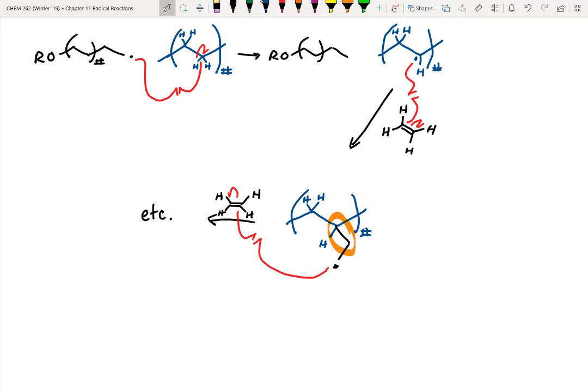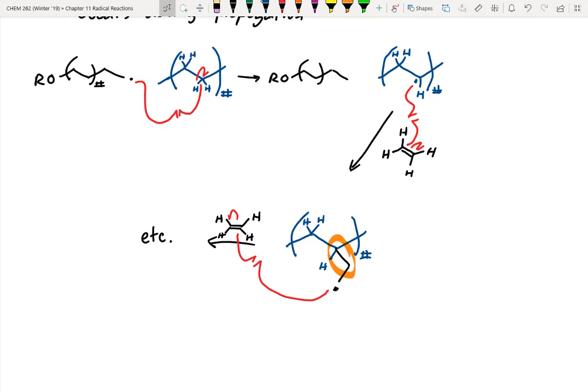Chemists have gotten really good over the years of controlling the amount of side branching in order to control the more broad physical properties of a specific plastic. All right, so that's the big takeaway for this. This affects physical properties.